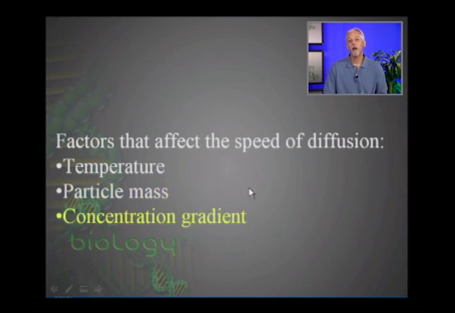And then third, the concentration gradient. If you have two solutions separated, especially across a semipermeable membrane, the greater the difference in the concentrations, the faster the rate of diffusion. So a 1% and 2% solution, you'll have slower diffusion as opposed to a 1% and a 10% solution. Diffusion will be much, much greater.